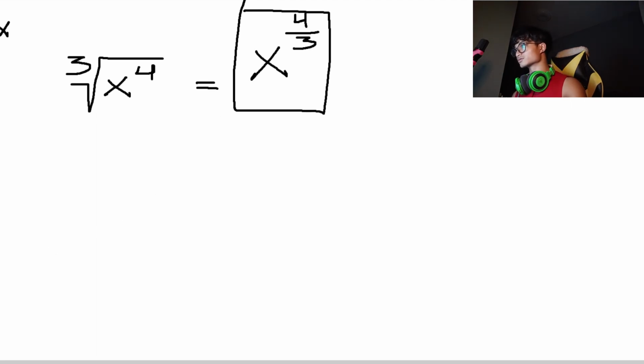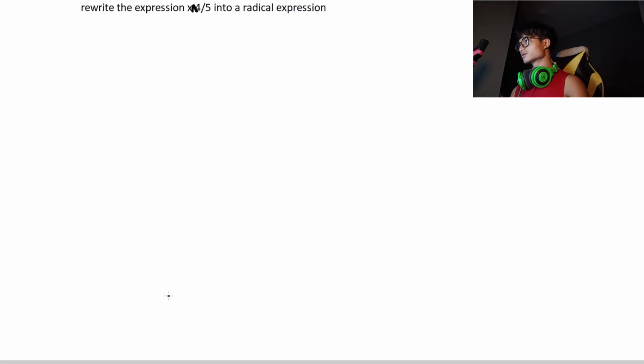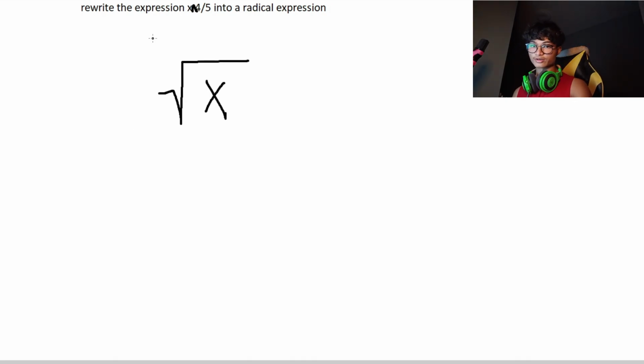Let's do another example. Moving on to the next example, we should rewrite the expression x raised to 4 over 5 into a radical expression. Now how do we do that? First, we should identify which part of the rational exponent goes into the root and the variable. The denominator 5 goes into the root, and the numerator 4 is the degree.